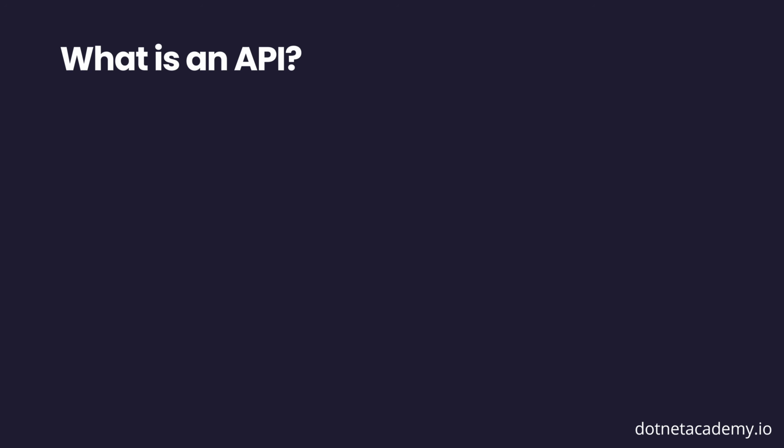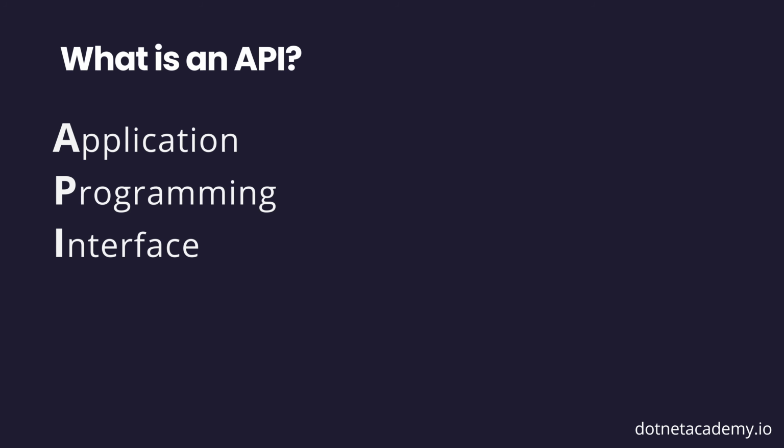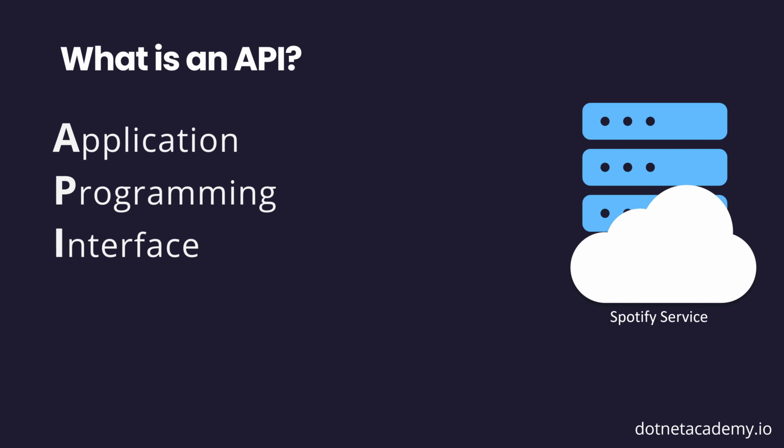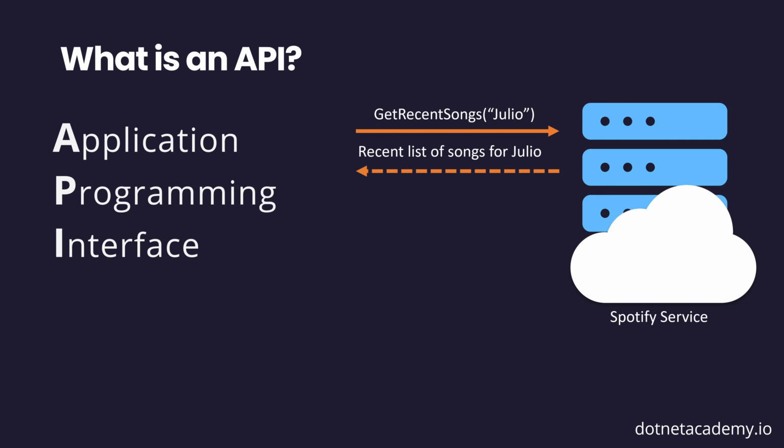API stands for Application Programming Interface, and it's how a service defines the functions it provides to clients. So for instance, going back to the Spotify example, the Spotify Cloud Service could define an API with two functions. A Get Recent Songs function that receives the username as a parameter and that returns the 10 most recently played songs for the specified user.